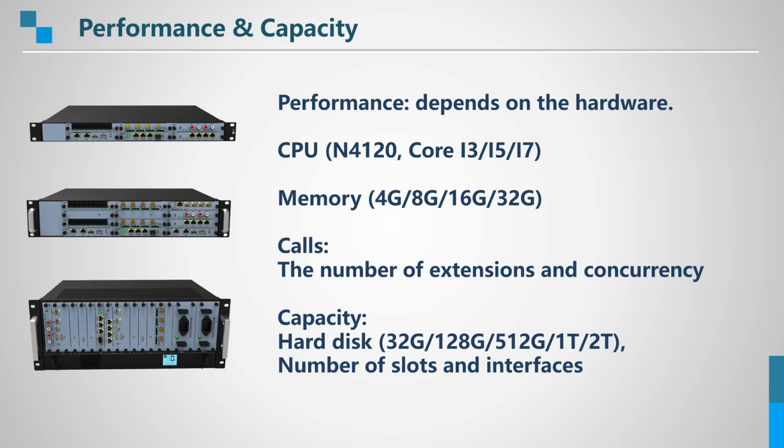When it comes to calls, UCP can handle a large number of extensions and concurrent calls, ensuring smooth enterprise communication. The hard disk capacity options, including 32G, 128G, 512G, 1T, and 2T, offer ample storage space for data. Additionally, the numerous slots and interfaces provide extensive possibilities for device expansion and connection.